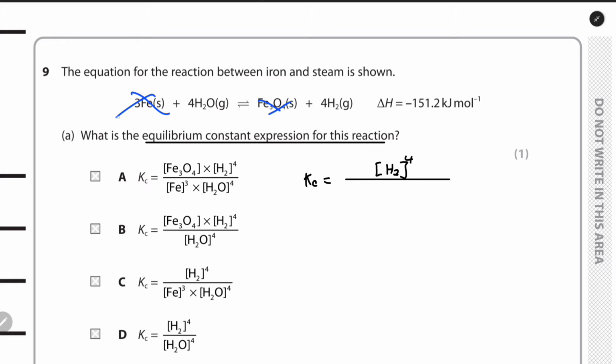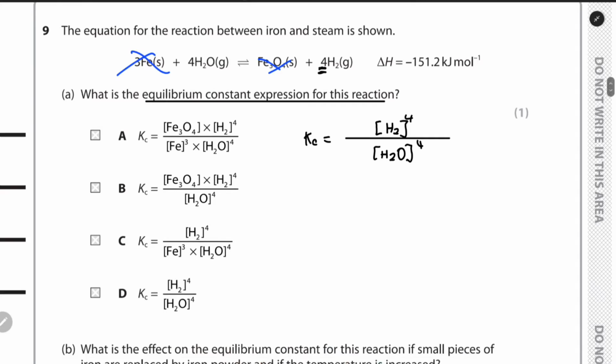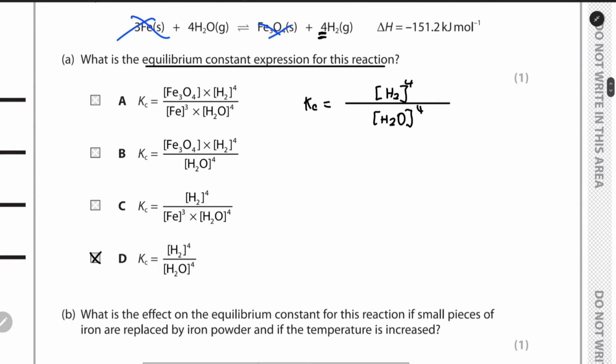So this and this will not be involved. On the numerator we'll have hydrogen gas to the power of 4 due to this 4 in the front, and this will be divided by the concentration of steam to the power 4. So D is the answer.